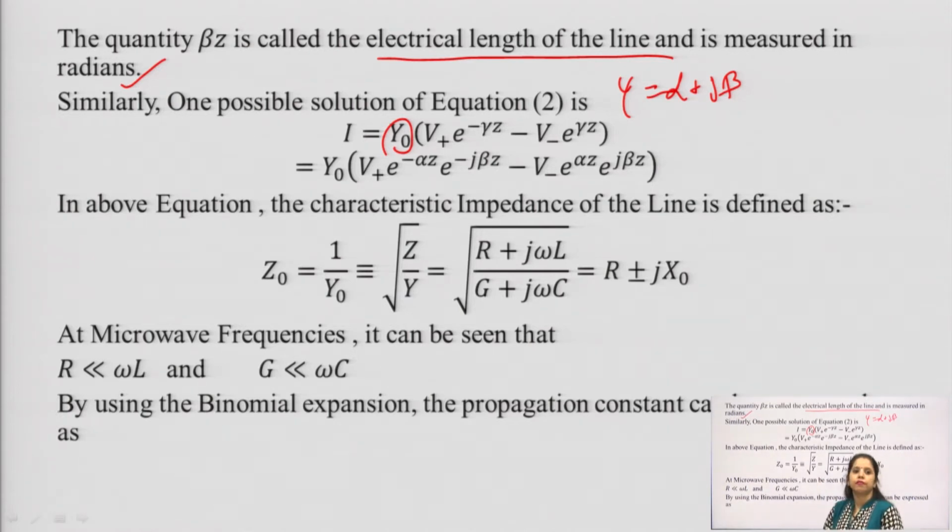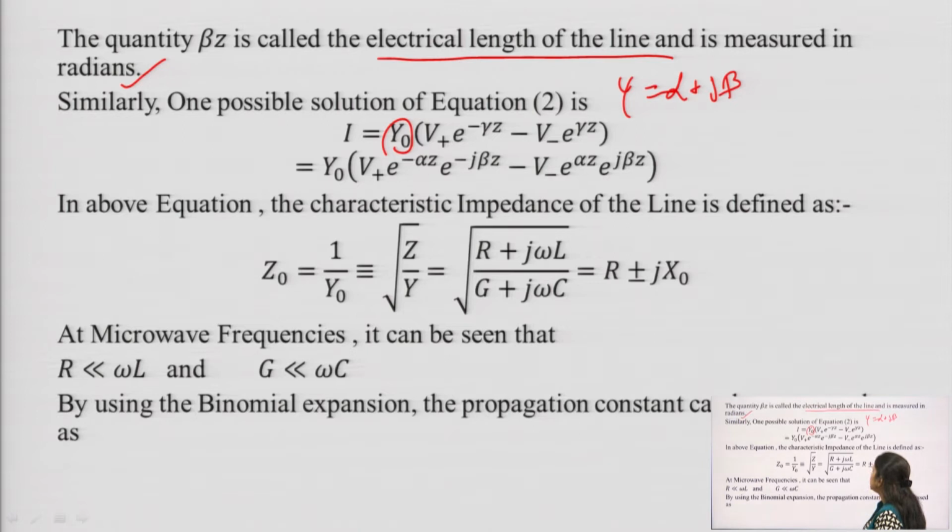Again, V plus and V minus define the direction of the wave, from the sending end to the receiving end and from the receiving end to the sending end. Now, the characteristic impedance, which is our Z naught, can be derived from the above equation, and it is equal to 1 upon y naught, which is equivalent to the square root of z upon y.